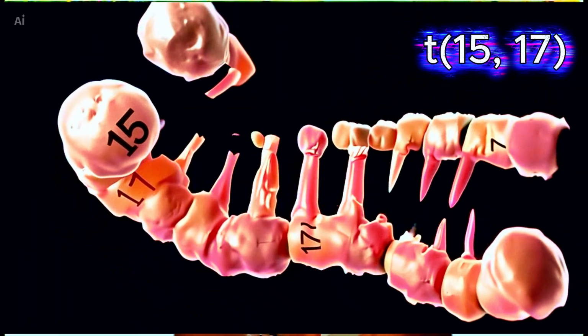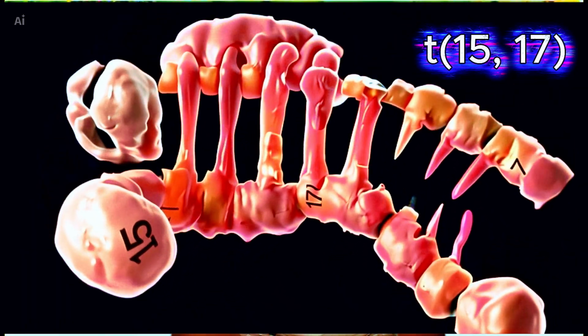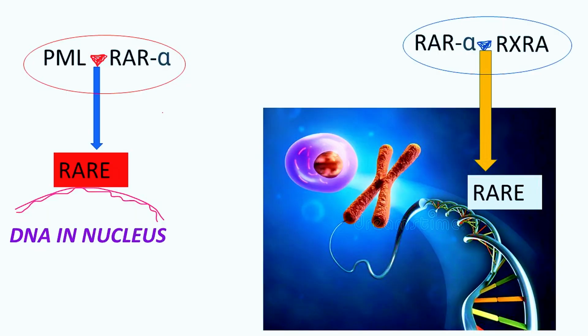And when this translocation occurs, it leads into an oncogenic fusion protein because there is a promyelocytic leukemia gene that is forming a dimer with our retinoic acid receptor alpha, meaning it is no more forming the dimer with the RXRA, but it's rather forming a joint gene with APML. And in this stage, remember that already the RAR alpha has affinity for the promoter region on the gene of interest.